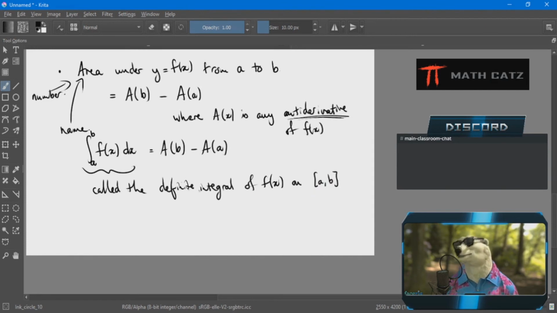So by specifying the x values, I now know I am looking at an area specifically. I still calculate that area by way of antiderivatives and a little calculation, but it's not exactly the same thing, though they are coming from a similar place.